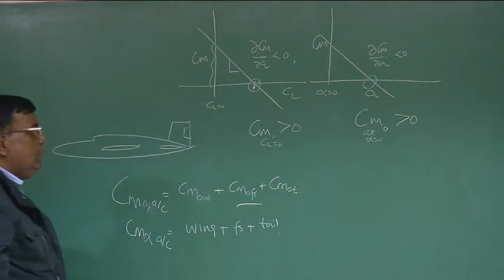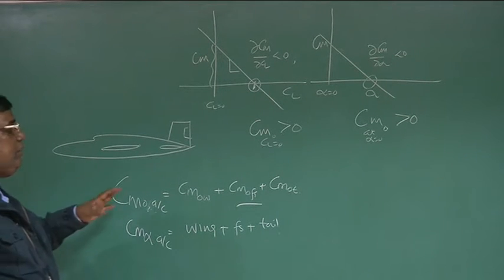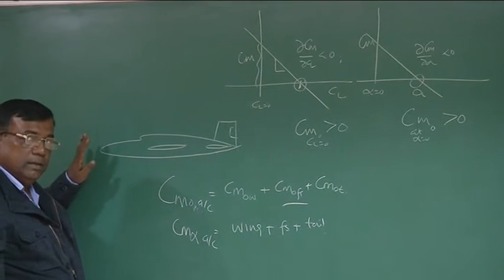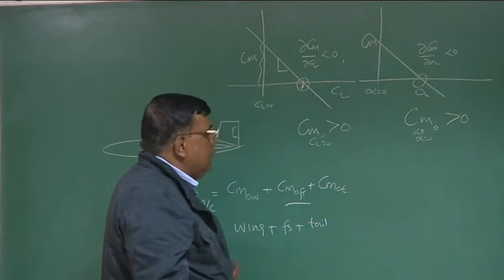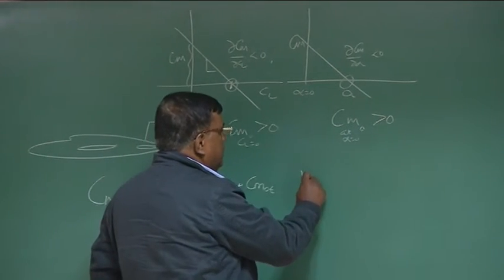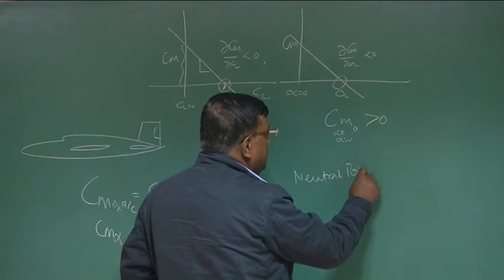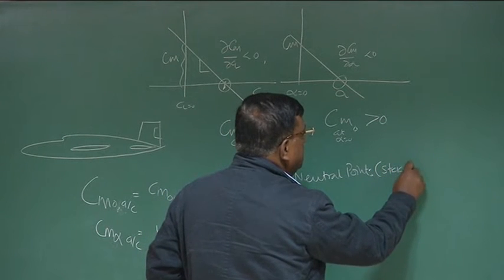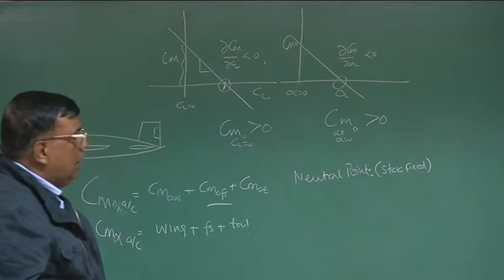Right? And so far, whatever we discussed, when you derive this expression, we have not put any engine here. Remember this. Now, from this plot or this expression, we try to find out what is the neutral point. We call it the stick fixed neutral point. How did we do that?